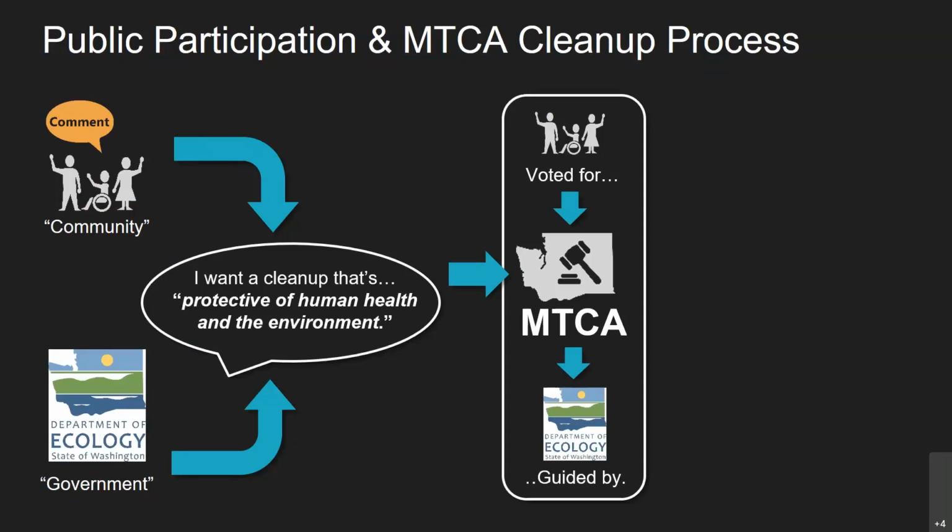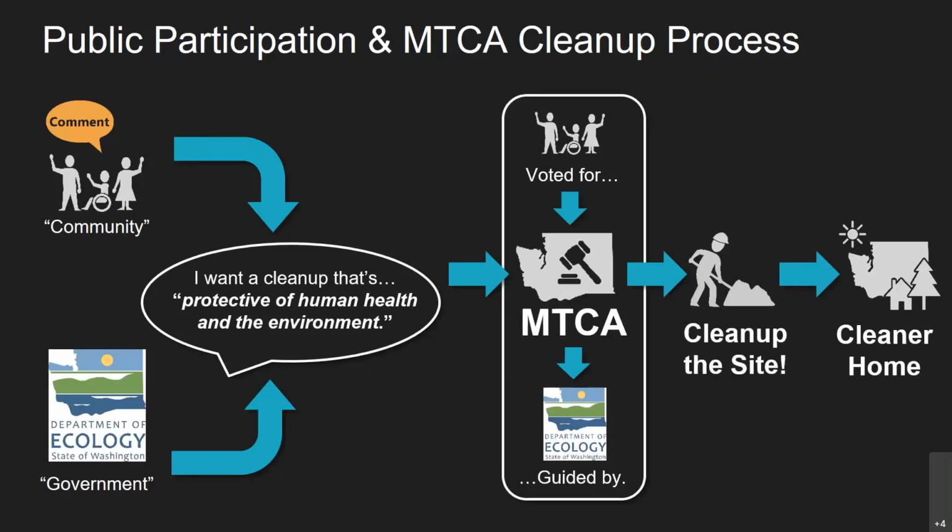We all are a recipient of a progressive state environmental law in the state of Washington, and that law is what guides Ecology's work. So as we accept comments and work through our management, it's through the lens and filter of MTCA that drives and directs where our cleanup goes, and ultimately leads to a cleaner home for us all, a cleaner environment.